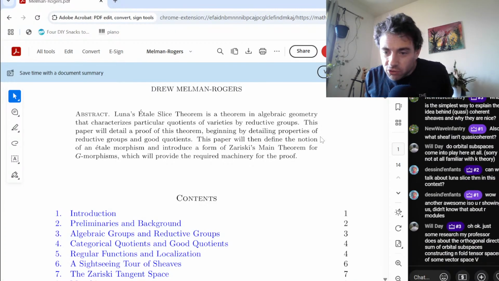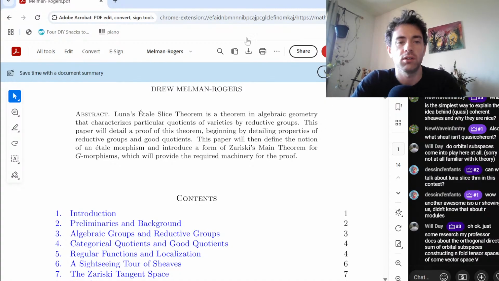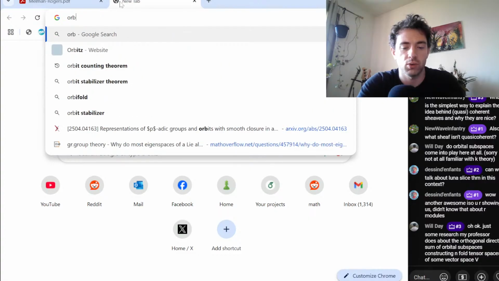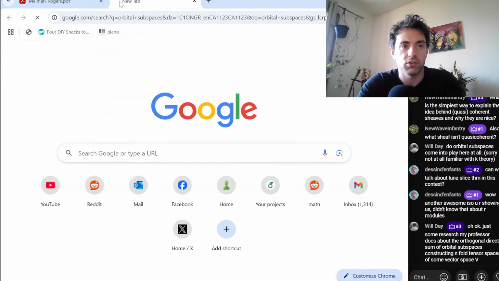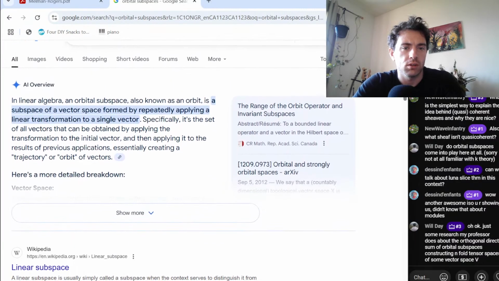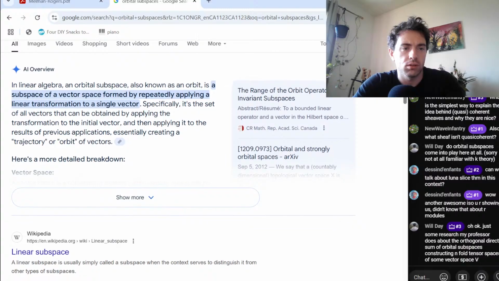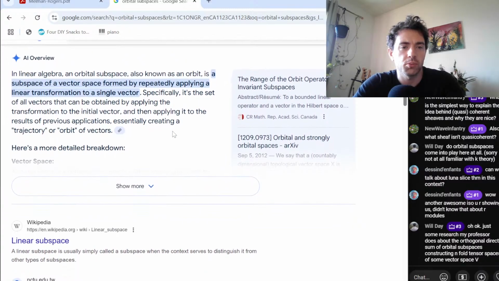Just doing some research your professor does about the orthogonal direct sum of orbital subspaces, constructing n-fold tensor spaces. Interesting. Let me see. Orbital subspaces: a subspace of a vector space formed by repeatedly applying a linear transformation to a single vector.